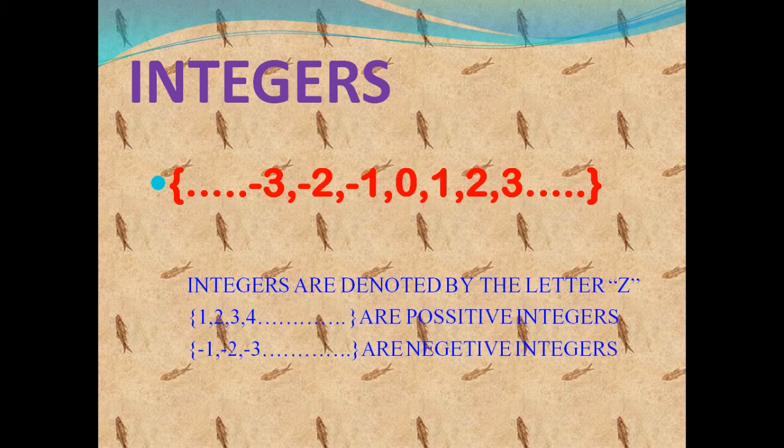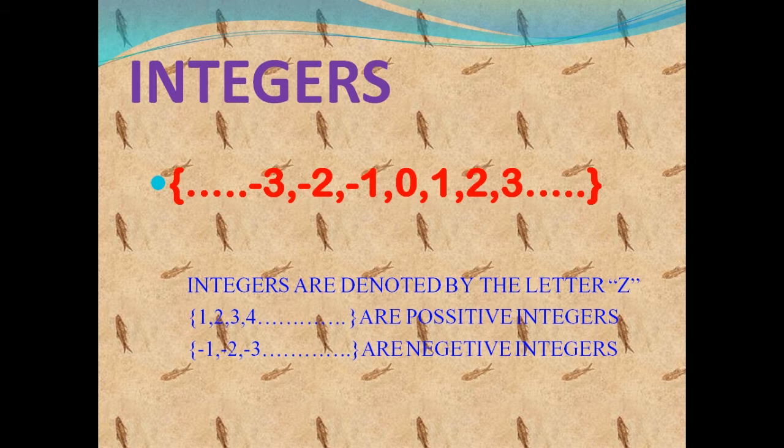Here we have positive integers and negative integers. So what are the positive integers? At first 0, then from 1 onwards. If you go to the right side in the set, 1, 2, 3, 4, 5, and so on, all these numbers are positive numbers.